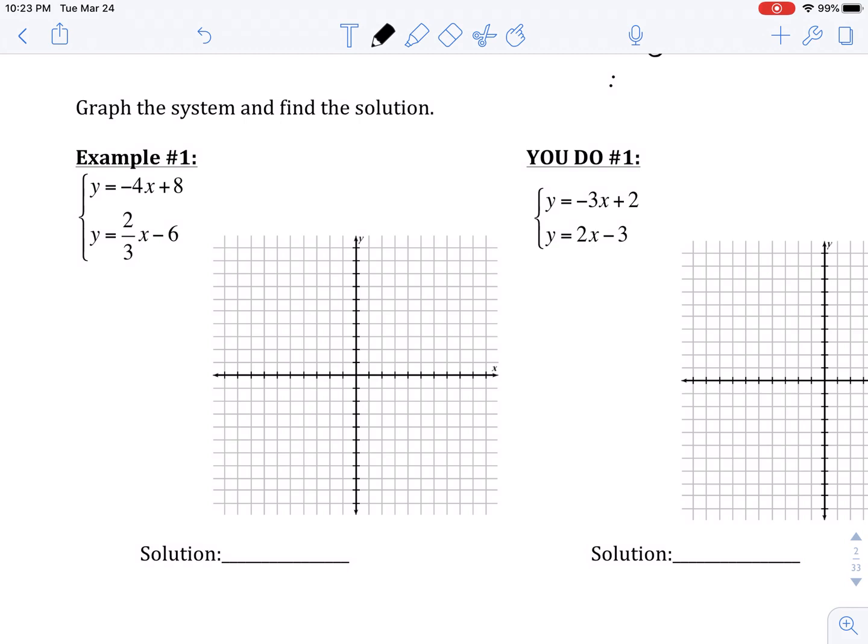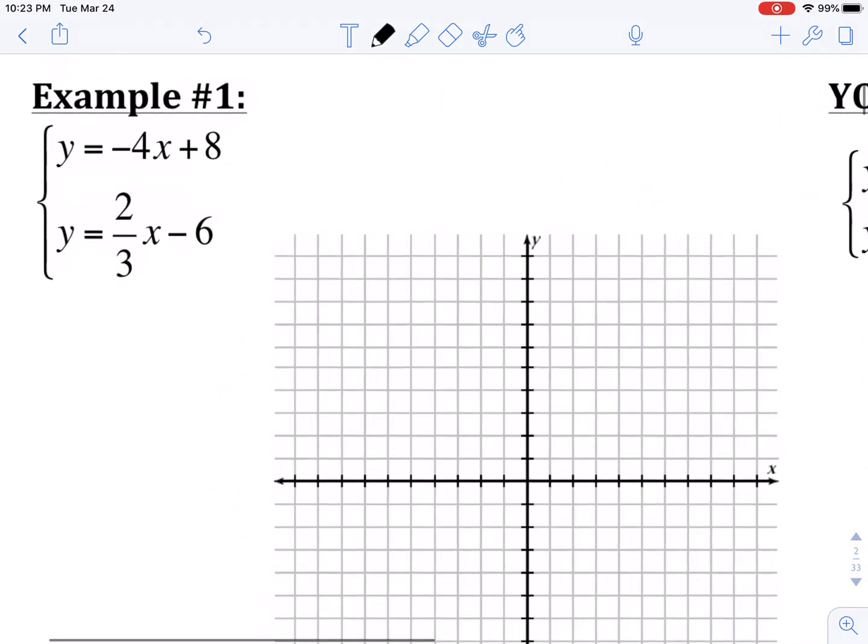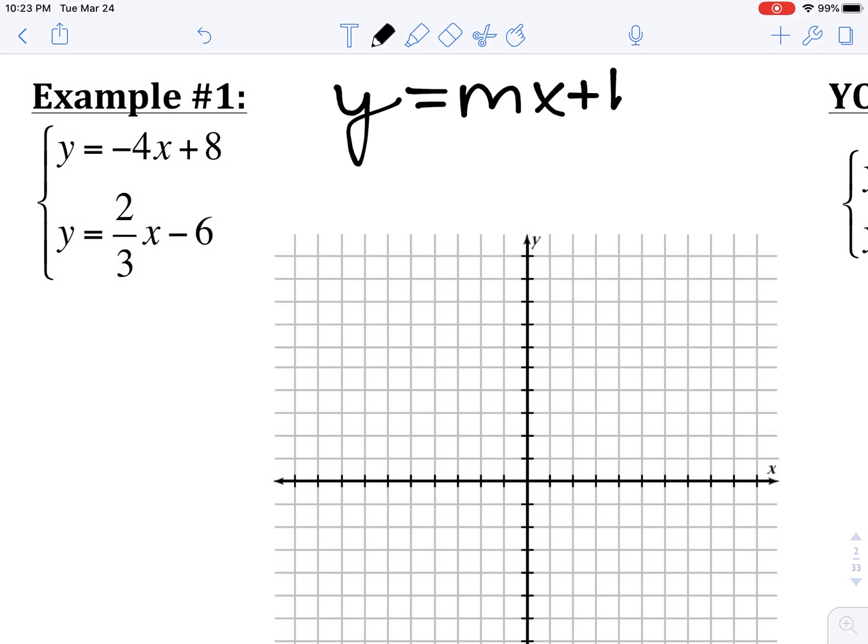So the first equation here, y equals negative 4x plus 8, remembering that when we graph lines in y equals mx plus b form, okay, we begin with b and we move with m. So this plus 8 right here means we begin 8 units above the origin. 1, 2, 3, 4, 5, 6, 7, 8.